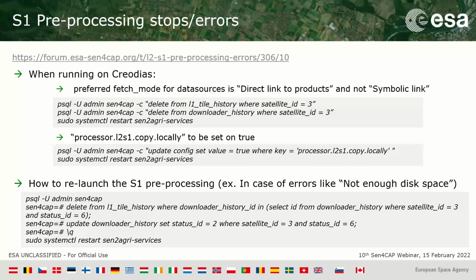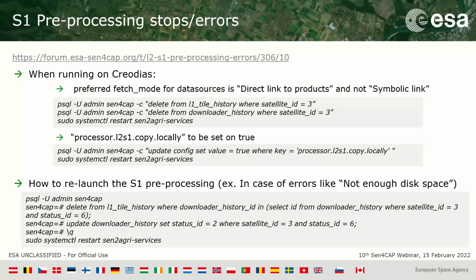But if you are running on a system having an S3FS file system, it is recommended, additionally, to set the copy locally variable to true. There are some examples of how these operations can be done.